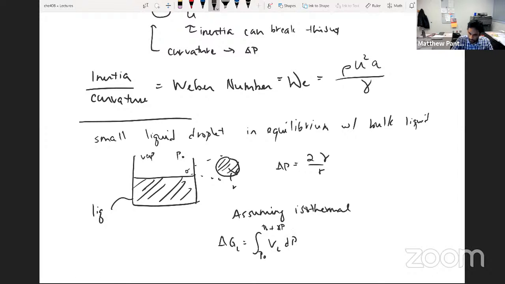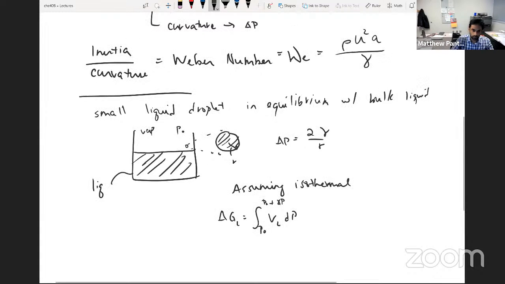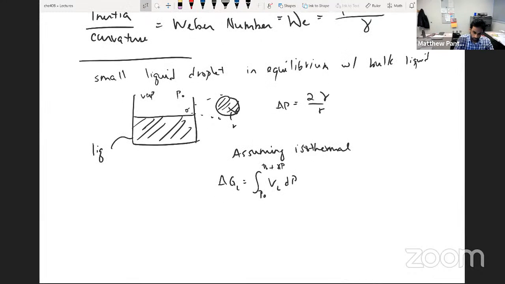This comes from the thermodynamic relationship for delta G that you learned in your thermodynamics class. Let's put a note here: this here is molar volume.